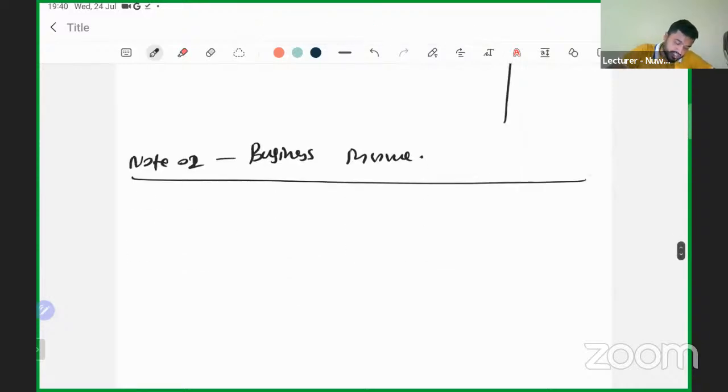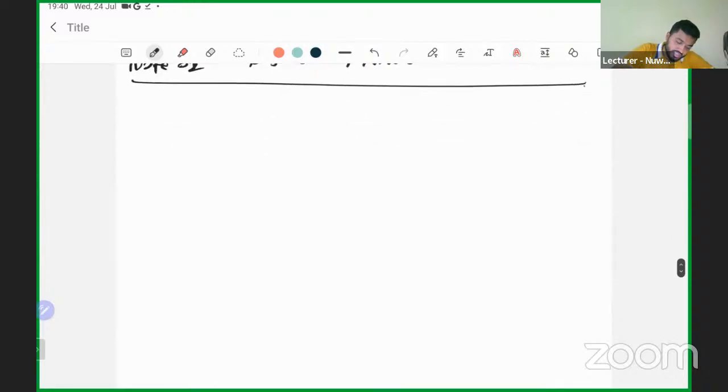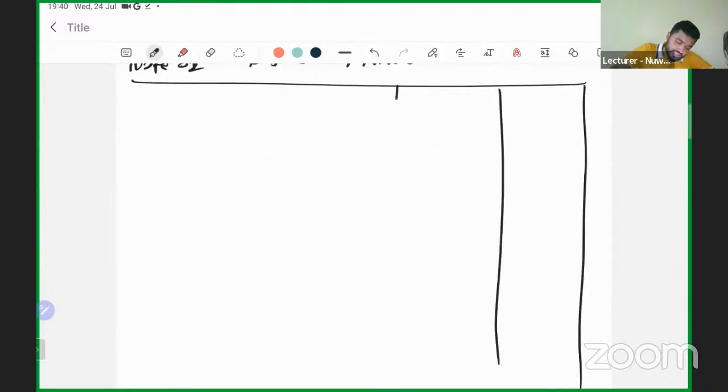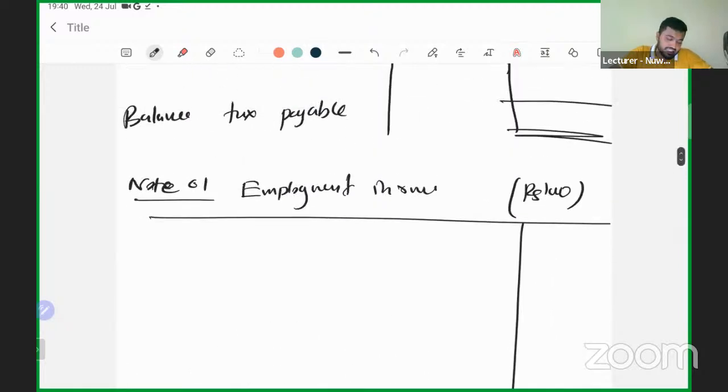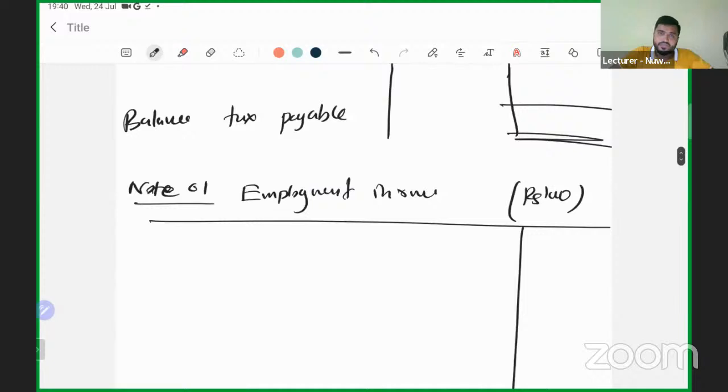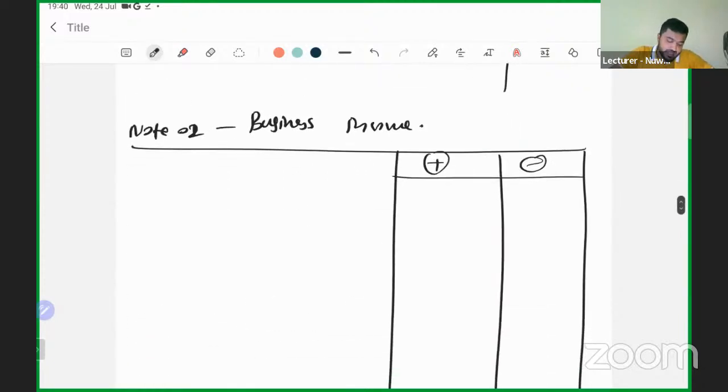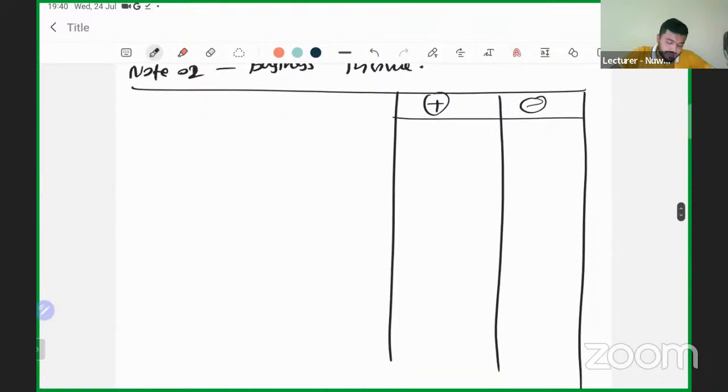Then business income. Under that business income, my dear students, when we discuss this question, there were two types of business income. One is that they conduct their own business. At the same time, Kalana is a partner, so there is a profit or gain from the partnership as well. That also should be part of the income.